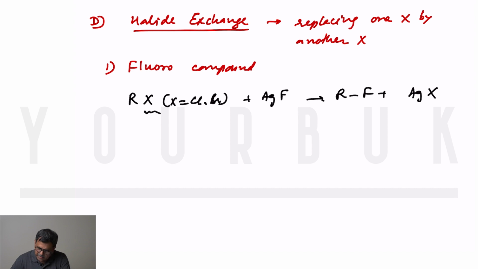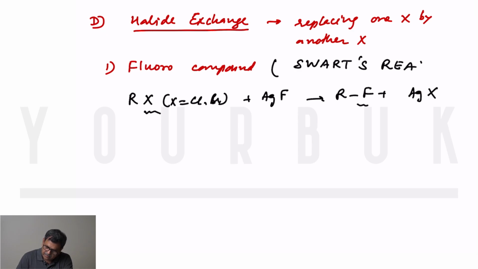So we have replaced the X by fluorine. Now this method is called the Swarts reaction.